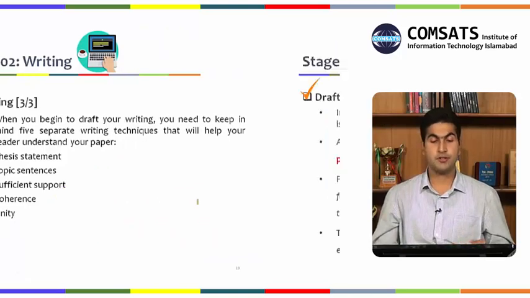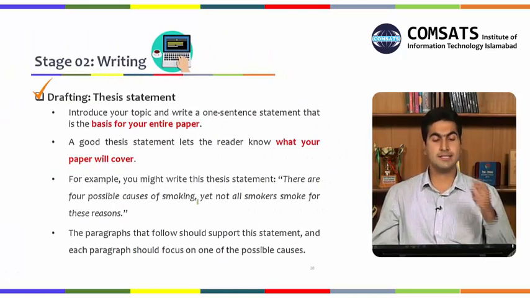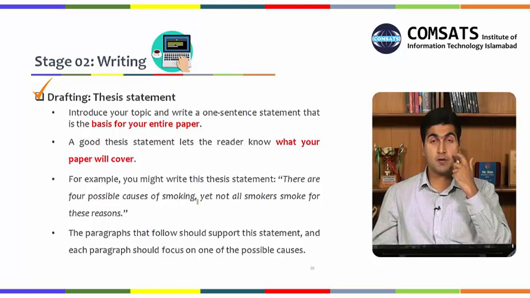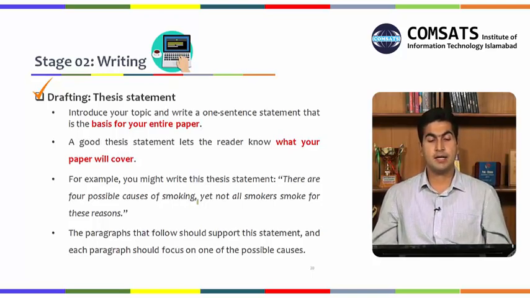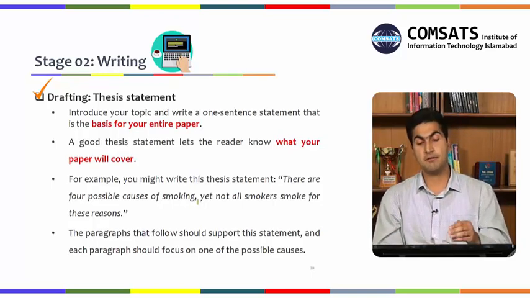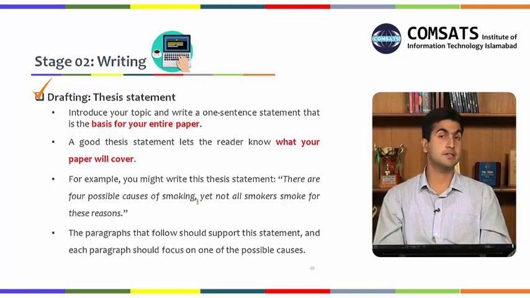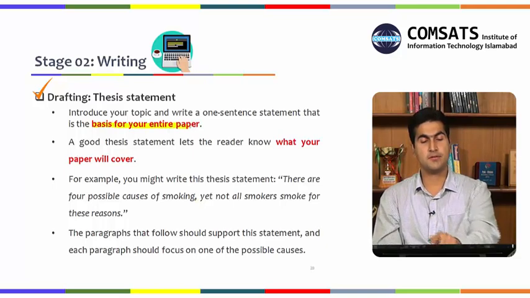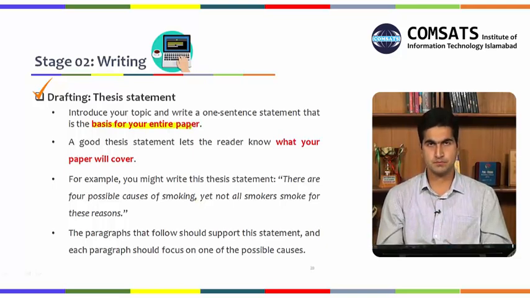So now looking into the details of all these points, you start with a thesis statement, and this is basically as written in red. This is the use of color that I talked about earlier, accessible document design, that it becomes the basis of your entire paper.